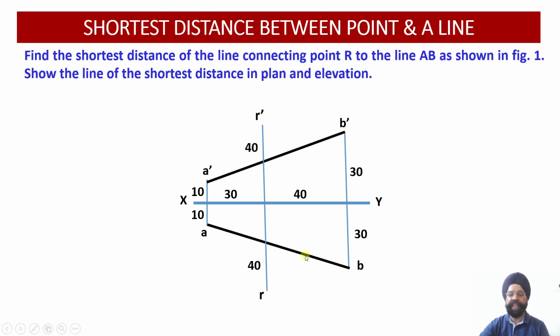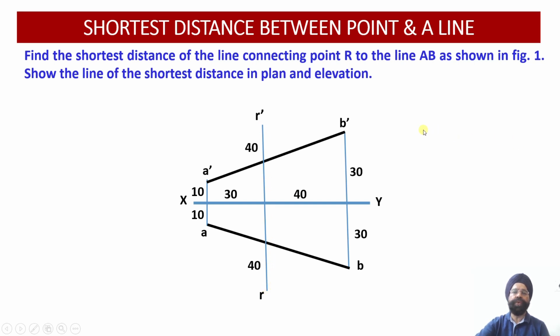This one is the top view of the oblique line, that is small a b. The coordinates of the front view and the top view have been provided to us. Besides this, we are also provided with the coordinates of the point R, which is located in space.